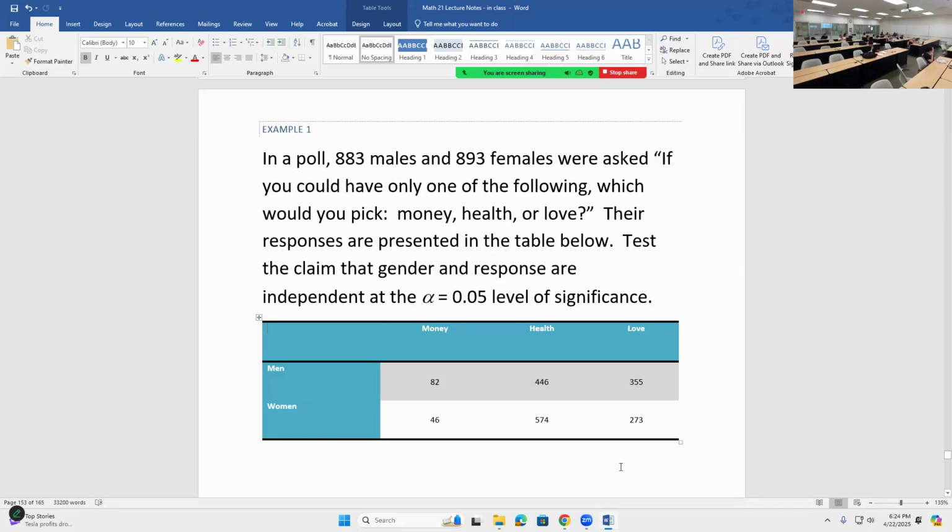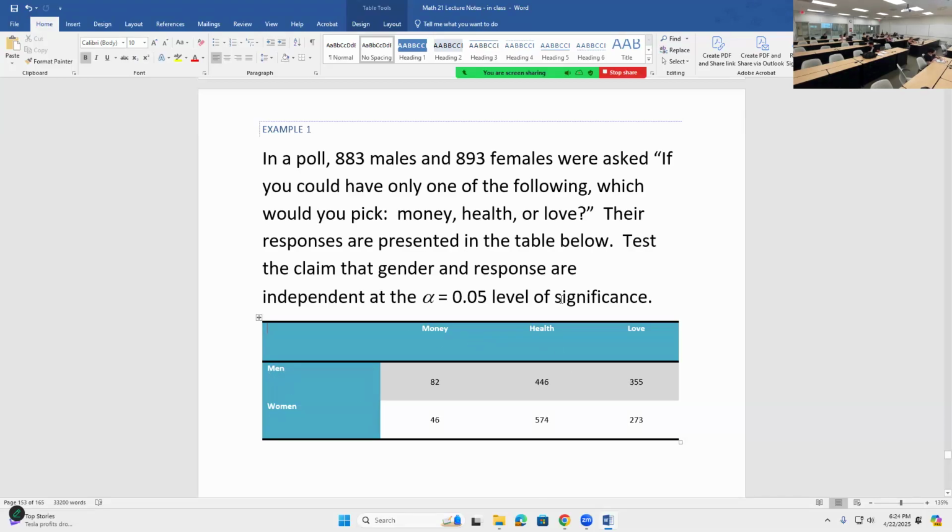A poll asked, based on gender, assuming two genders, not more. These are all old, they're not modern. If you could only choose one, which would you pick: money, health, or love? And they divide the answers down into men and women. So the two different populations are really men and women.